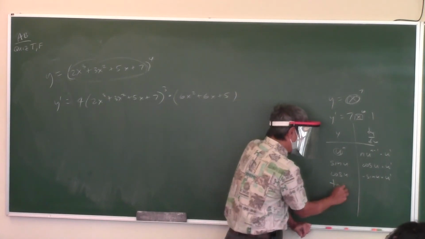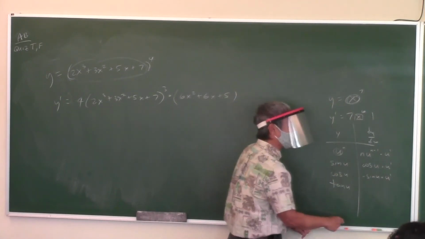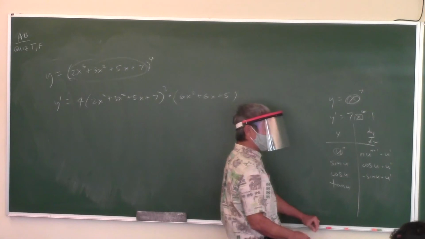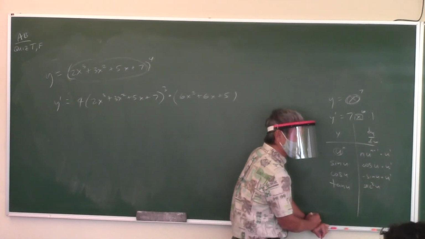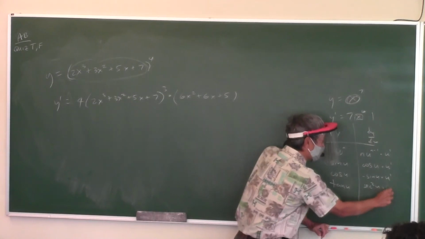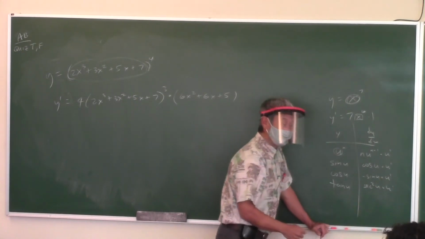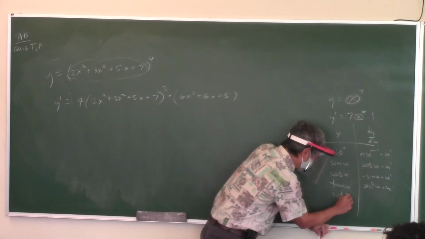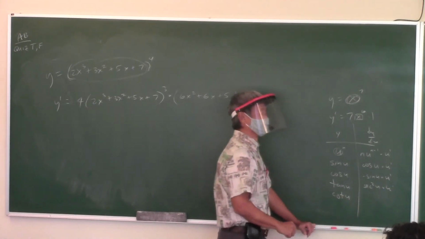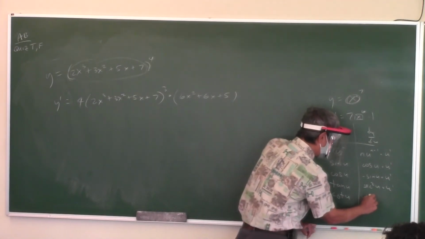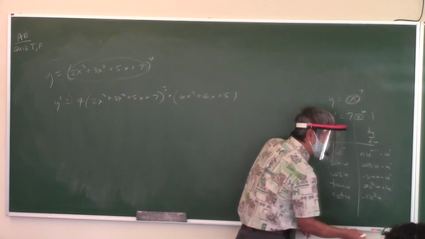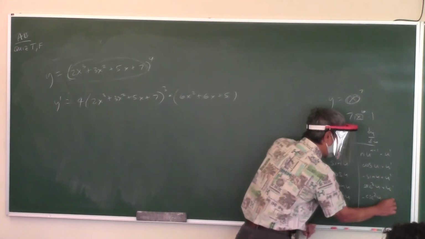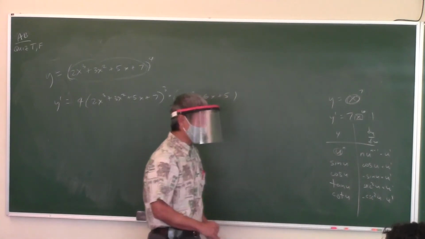What about tangent box? In fact, why don't we just do the whole list now? What's the derivative of tangent box? Is it just secant squared box? No, you got to multiply by the derivative of the box. What about cotangent? Is the derivative simply negative cosecant squared box? Come on, you know the answer already. No. You got to multiply by the derivative of box.